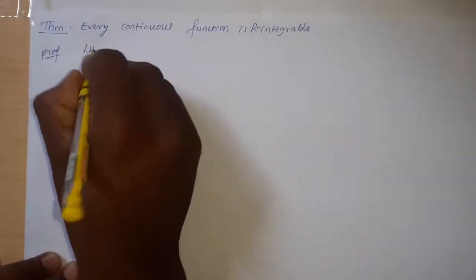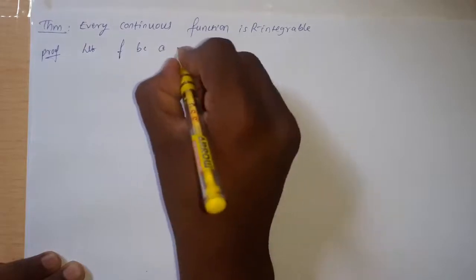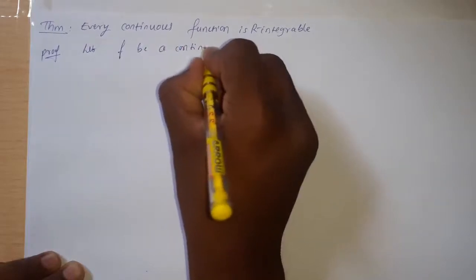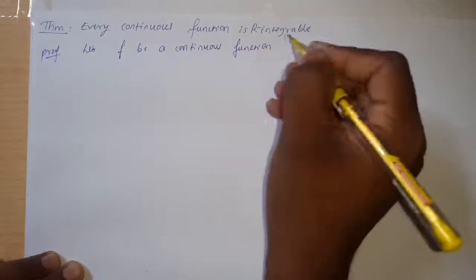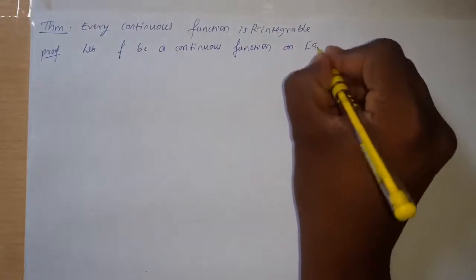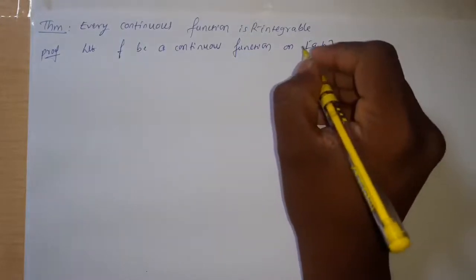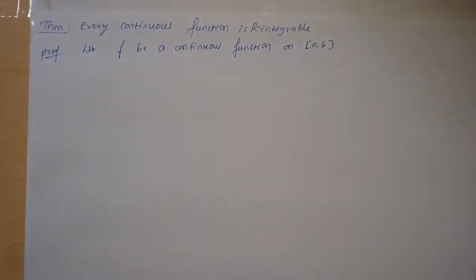Let f be a continuous function on a closed interval [a, b]. So, here it is the continuous function f.